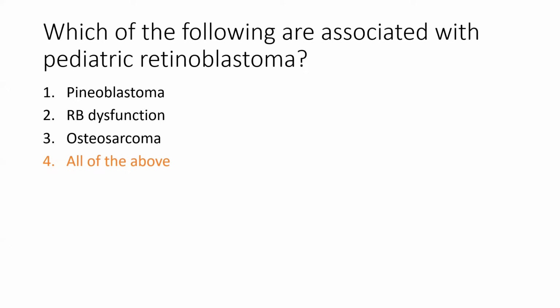Naming seems correct. But nonetheless, the thing to be kept in mind is that if there's germline mutation in RB, then the patient is at increased risk of pineoblastoma, osteosarcoma, and retinoblastoma. And as a point of trivia, the retinoblastoma protein, which is encoded by the RB1 gene, is located on chromosome number 13, right?